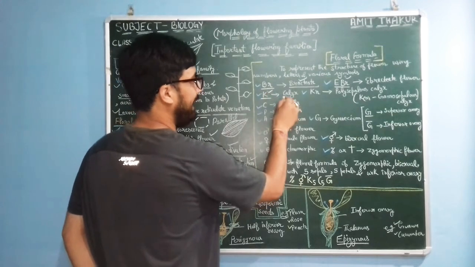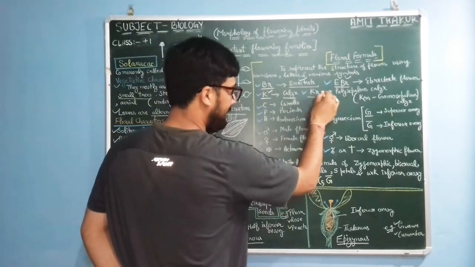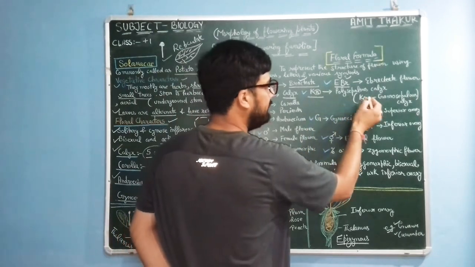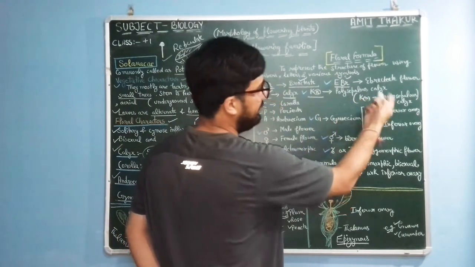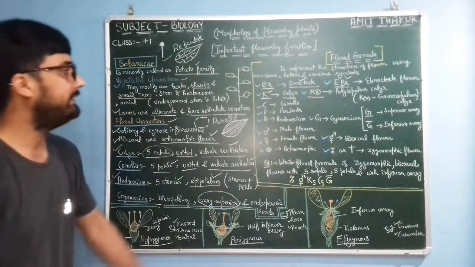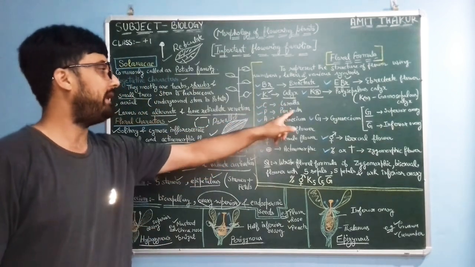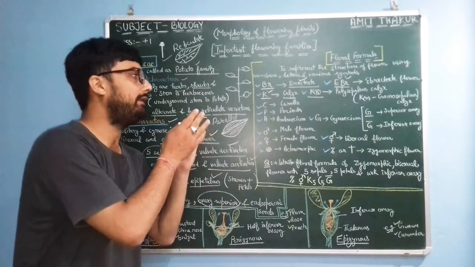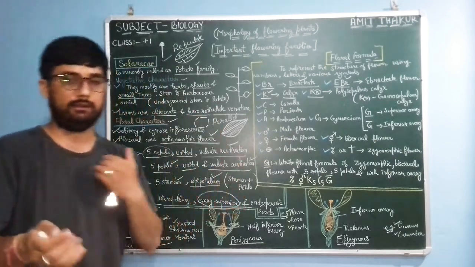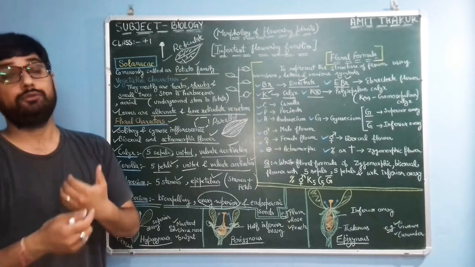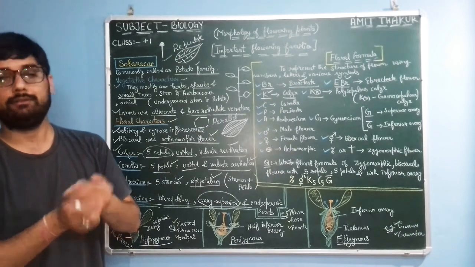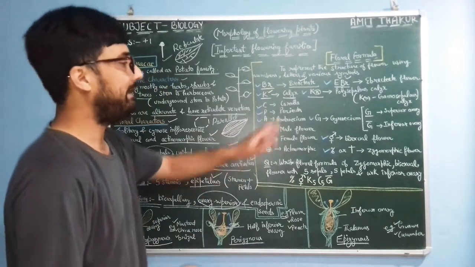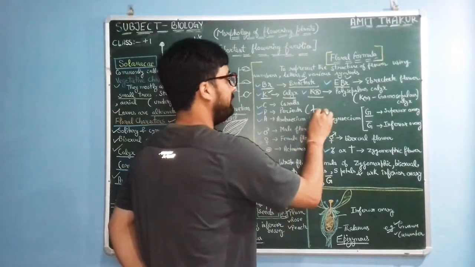K for calyx, K with N for number, so polysepalous. If the N is in brackets, it is gamosepalous calyx. C for corolla, P for perianth. Perianth is the common term used when calyx and corolla are fused together, and one cannot recognize sepals or petals. Then it is known as perianth, or sometimes tepals.